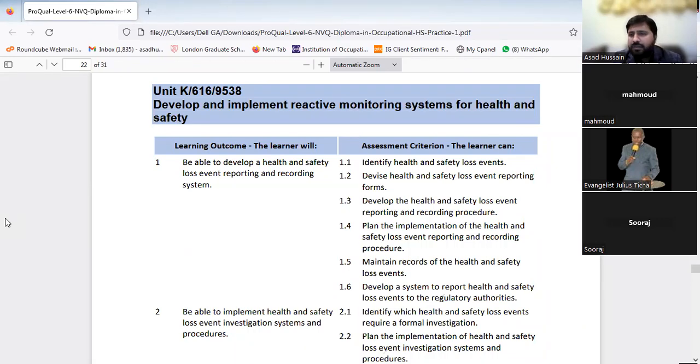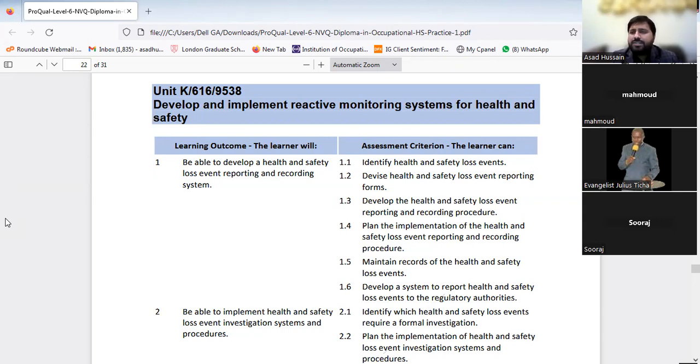For that purpose, you have to explain whether you have property damage, or LTIs, or near misses, or a major accident in the workplace.